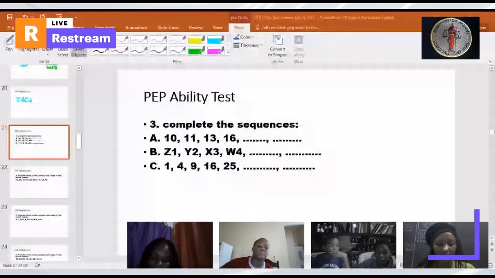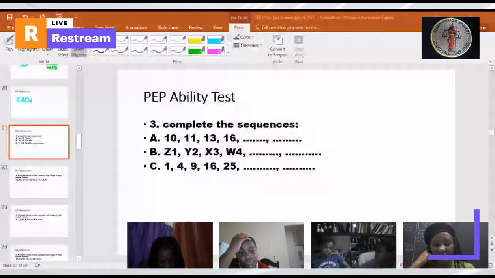Miss, V5 and then U6, because they're going backwards and just putting 1, 2, 3, 4 behind the letter. So they're going forwards with the numbers and backwards with letters, right? So it's B, 5, and 6.